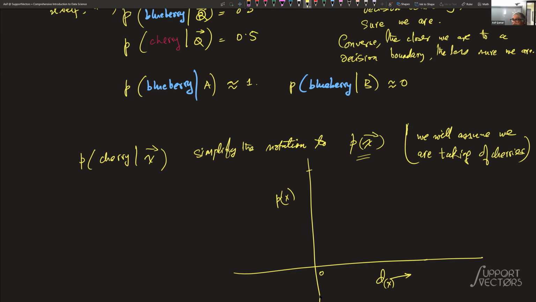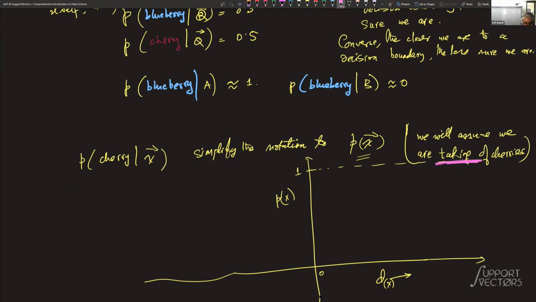What is the maximum probability something can have? 1. So this is 1. What is the lowest probability something can have? 0. So at very large values of D, what is the probability that it's a cherry? Pretty high, right? So it will be very, very high here, close to 1.